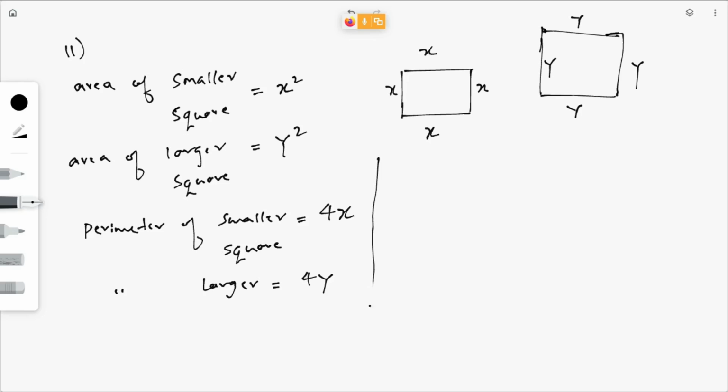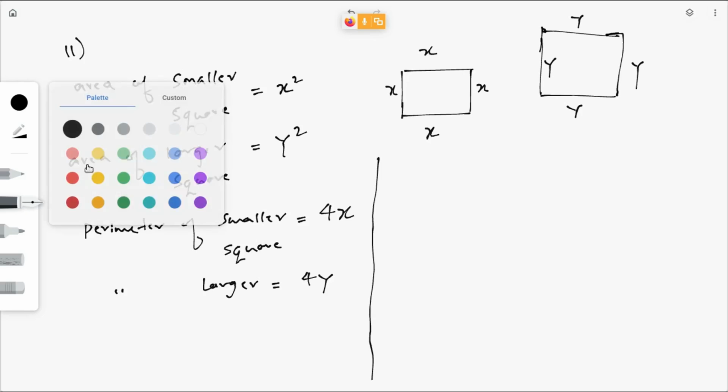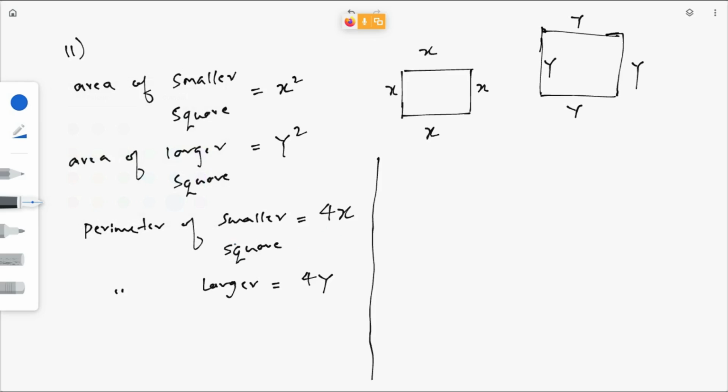So what is the given condition here? The difference of their perimeters is 24 meter. So the perimeter of the larger square minus the perimeter of the smaller one is equal to 24.